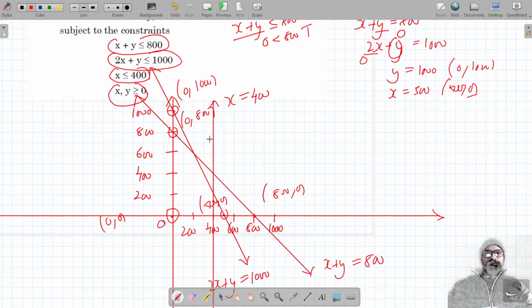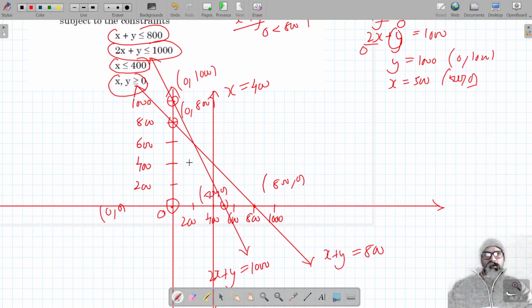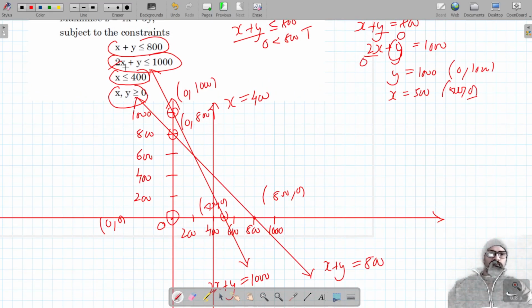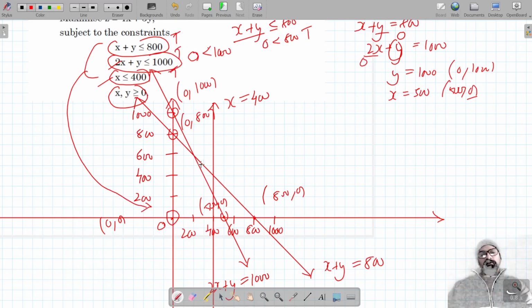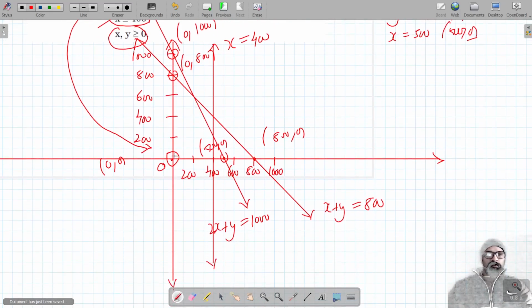So for the first one, the solution region is towards the origin. And the next one, if we check it for 0, 0, which gives us 0 is less than 1000, so its solution region is also towards the origin. So if we test all these equations for the coordinate 0, 0, this becomes true, this is true, this is true. So that means our feasible region is all towards the origin, and the common region for all these is this one.